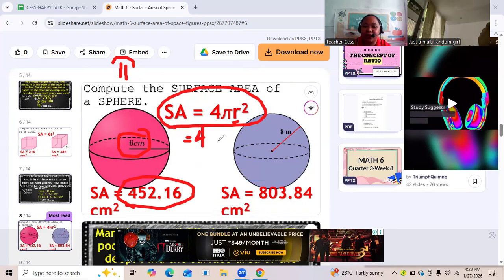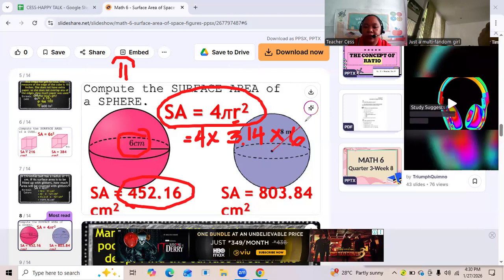So pi is equal to 3.14. And if your radius is 6 centimeter, it means you will square the 6. So you will multiply the square of 6, because 6 is our radius. Let's write 6 squared.